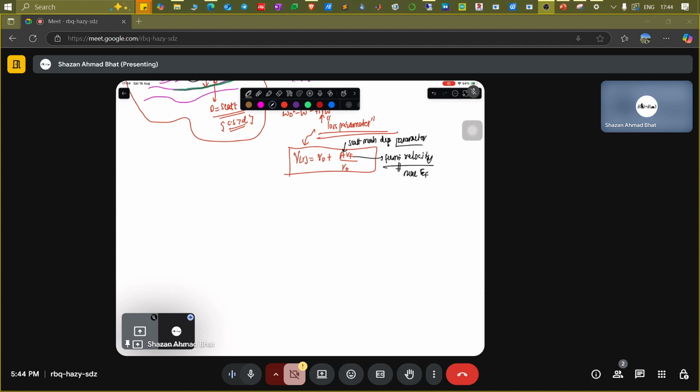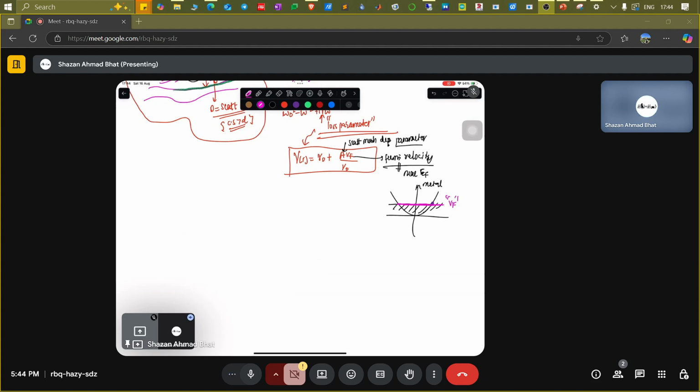Because if you talk about the metal, if this is the E-k diagram of the metal, and this is the Fermi energy, so up to the Fermi energy, electrons are filled, and now the electron is, let's say, here. The velocity of that particular electron at this particular level is basically the Fermi velocity.